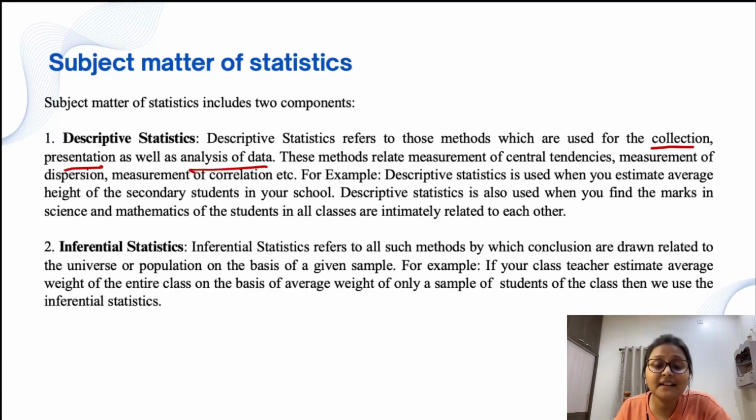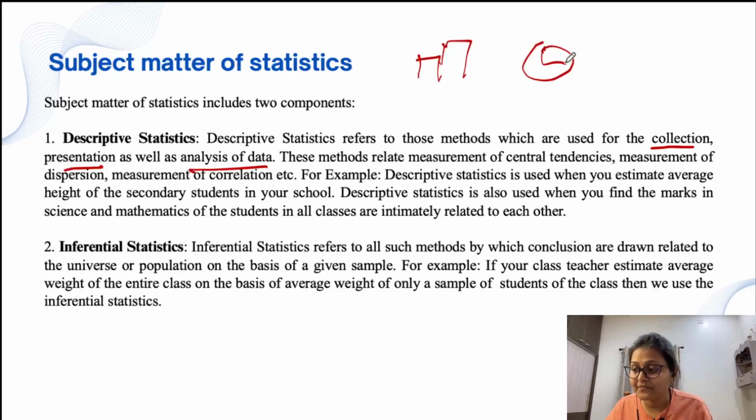It gives us a clear picture of the data by using numbers and visuals like various charts, bar charts, pie diagrams. Through this, the data can be presented in a visually appealing manner. The methods under this are central tendency, that is the mean, median, and mode.